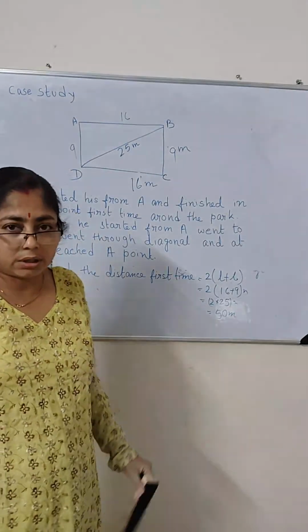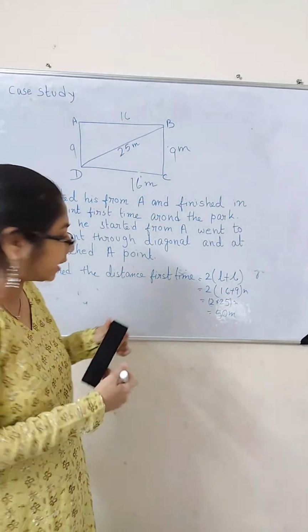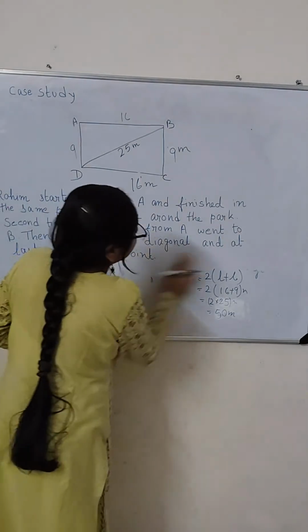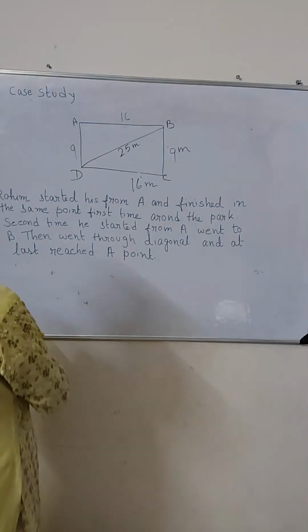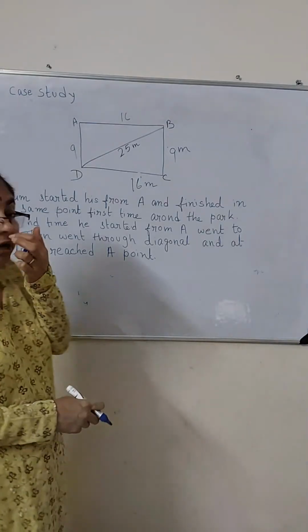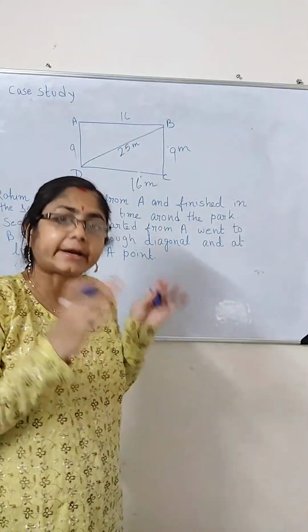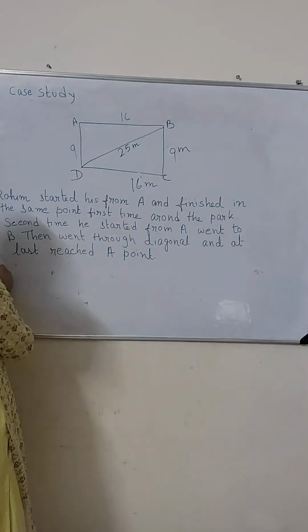So it's not a rectangle figure, it is a triangle figure. Now you find out the perimeter of a triangle, because second time Rahim covered a triangle shape.